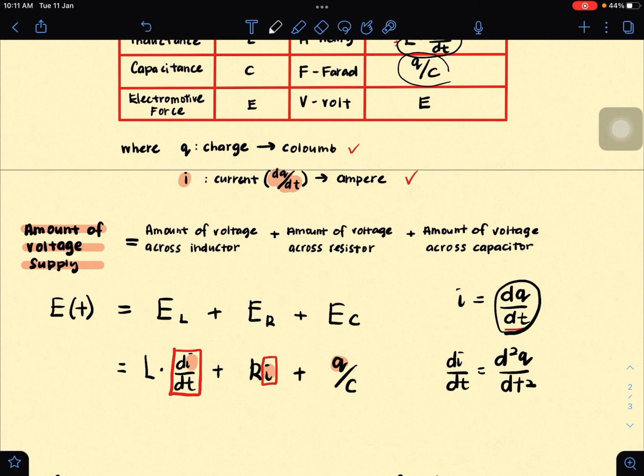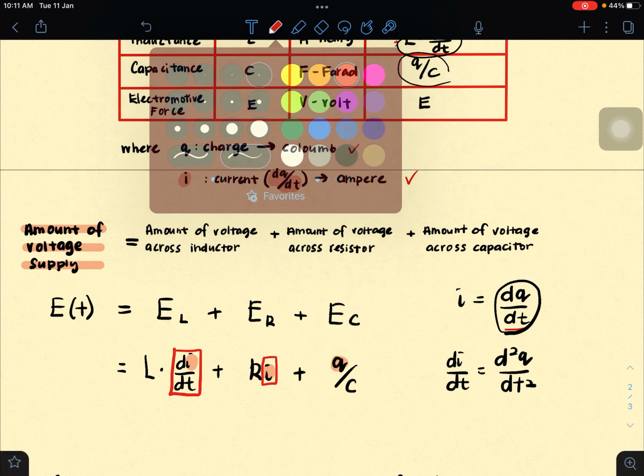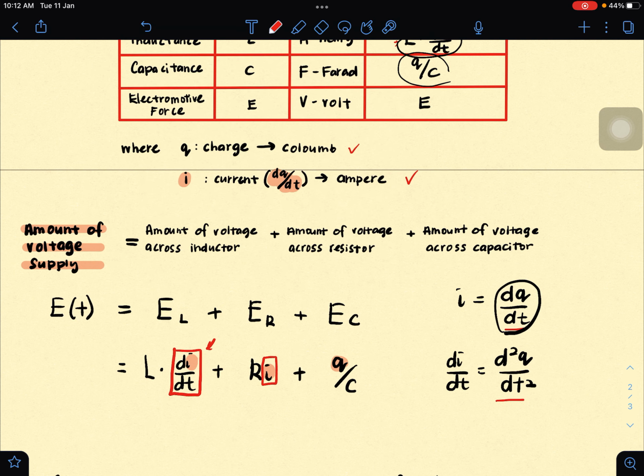Therefore, you can substitute your di dt with d square q dt square and your I with dq dt. In return, you will get your equation as E(t) equal to L d square q dt square plus R dq dt plus 1 over C Q.